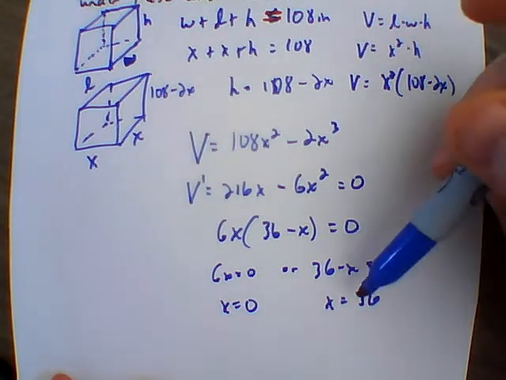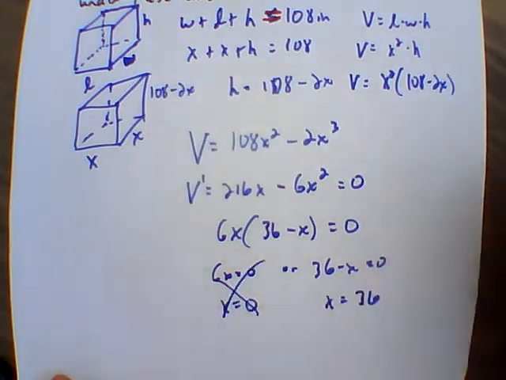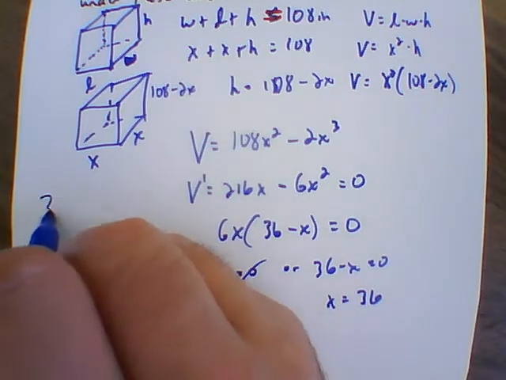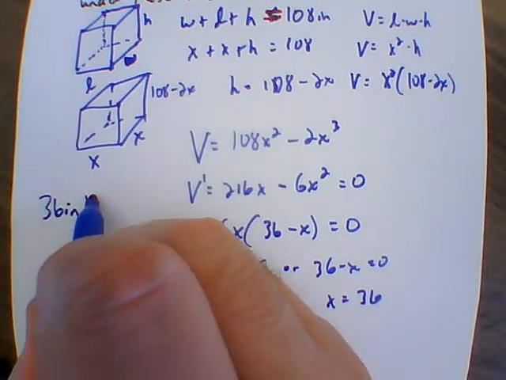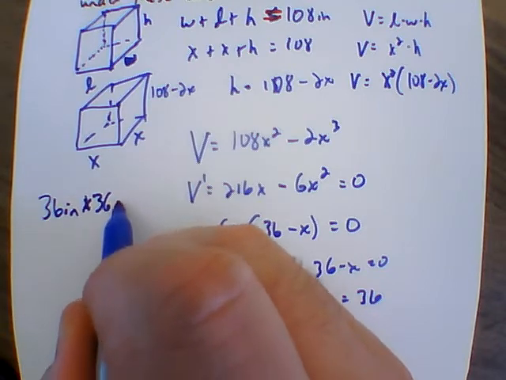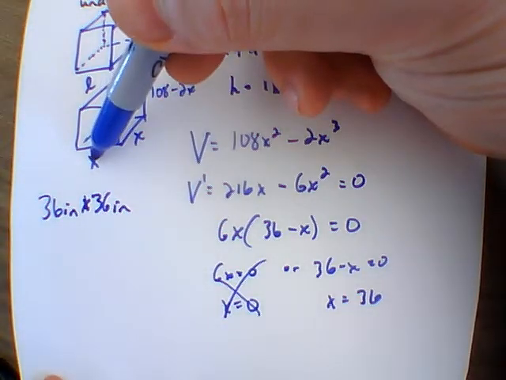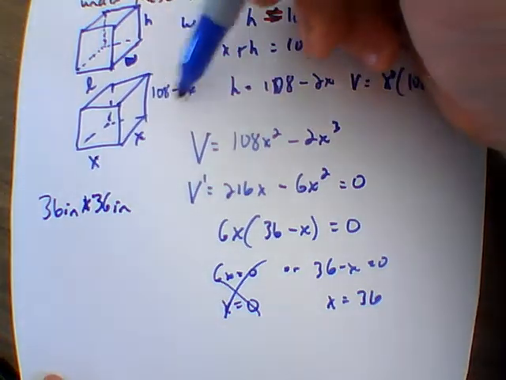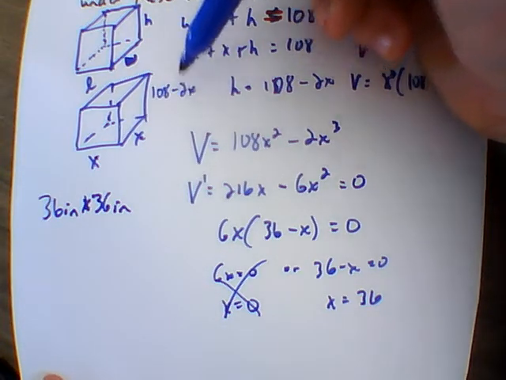Now do realize that x cannot be 0. So we come back up here and we see we have 36 inches by 36 inches. Once again, for this x in here, if this is 36, this has to be 36. Now we've got to figure out what this other part is right here.